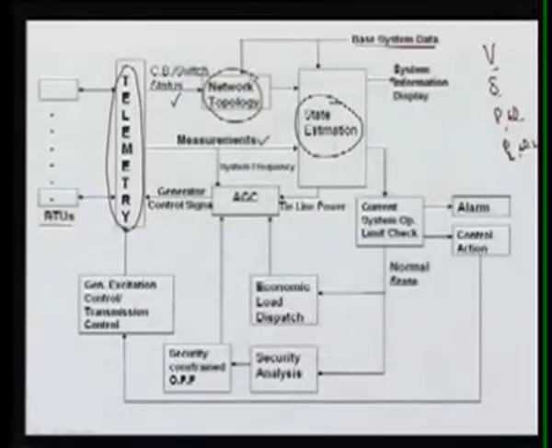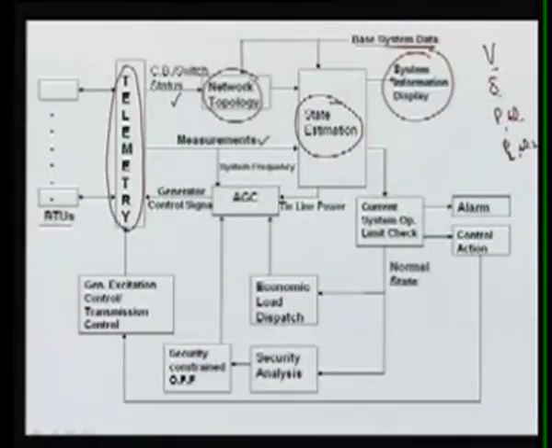Once the voltage and angles are determined, state estimation can also give various system information: the voltage magnitudes, the limit violations, the line flow limits. All of it can be displayed on computer CRTs or other display instruments.